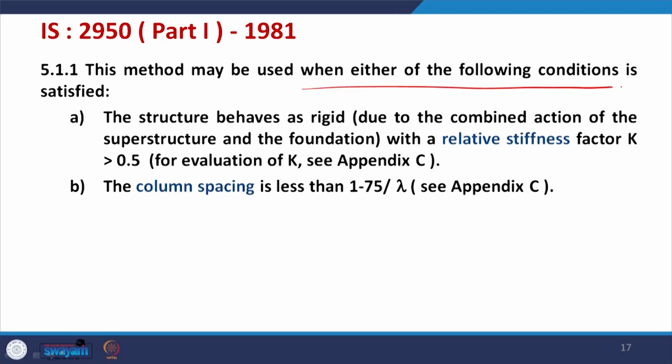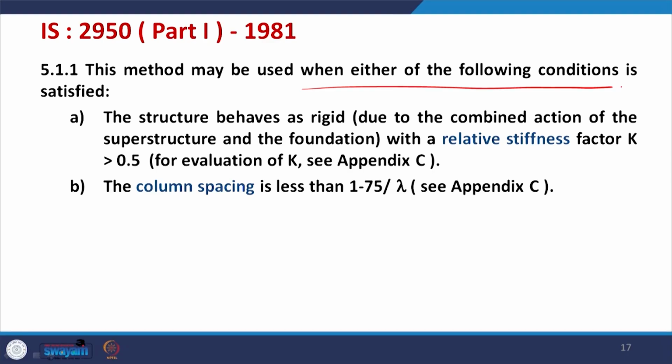The first condition says the structure behaves as rigid due to the combined action of the superstructure and the foundation, with a relative stiffness factor K greater than 0.5. If the value of relative stiffness factor K is more than 0.5, then we can use this method. What K is and how it can be determined is given in appendix C, and we will discuss that.